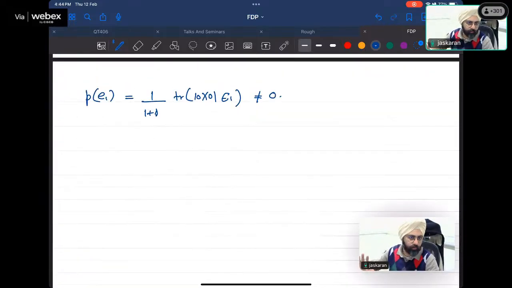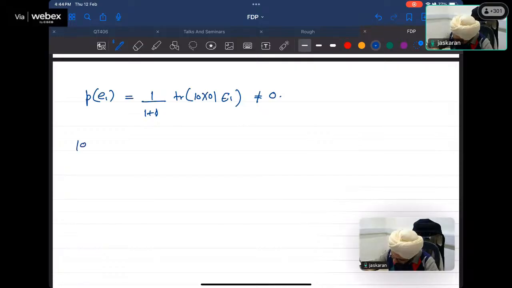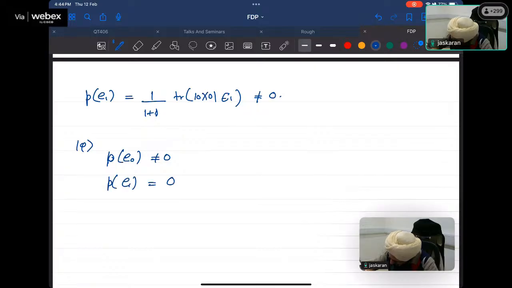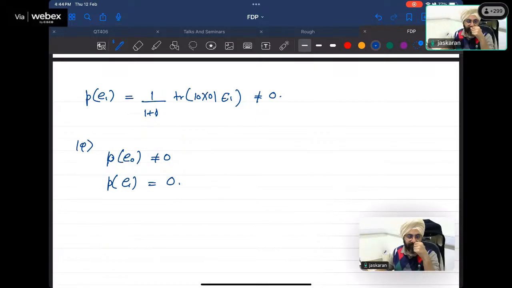We don't need to worry what the value is right now. Moreover, if I am given the state ket phi, I can evaluate the same things as well. In this case, the probability of getting E0 is non-zero, whereas the probability of getting E1 is completely 0.